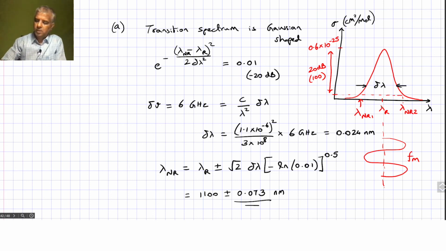So you have a corresponding intensity variation at 2 FM frequency.